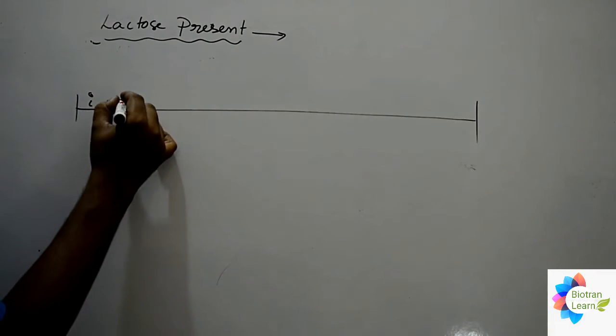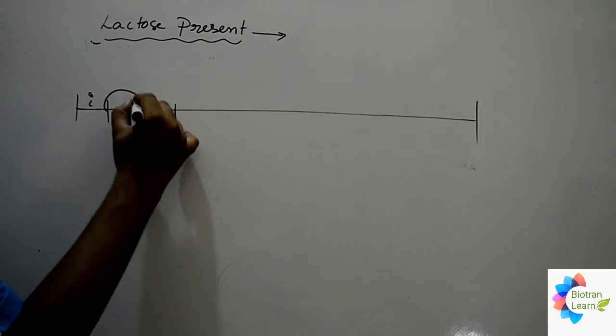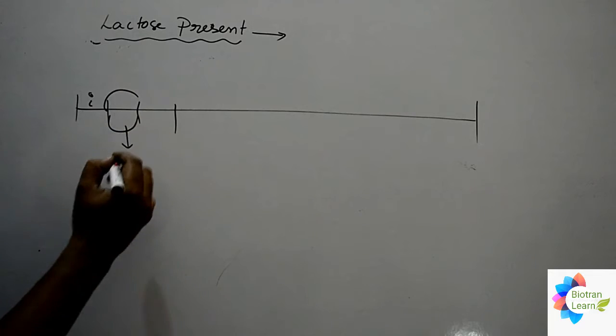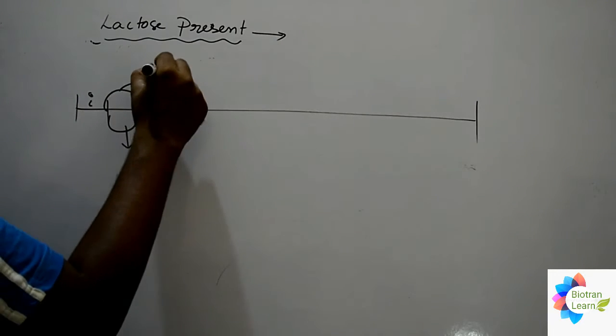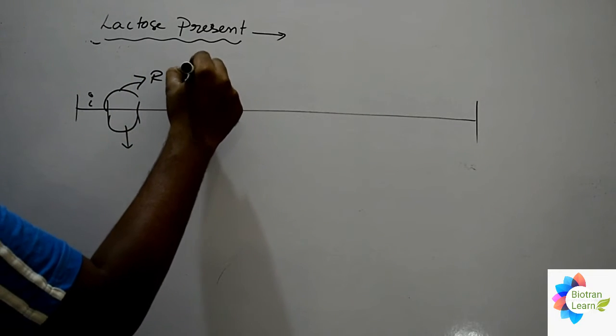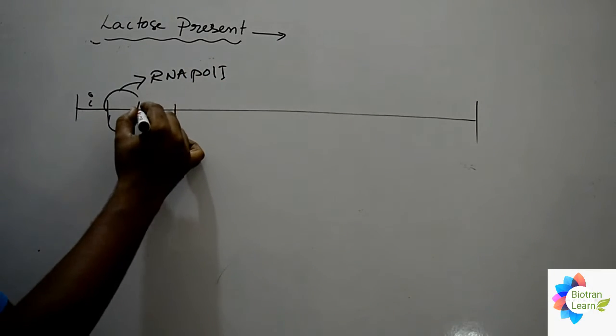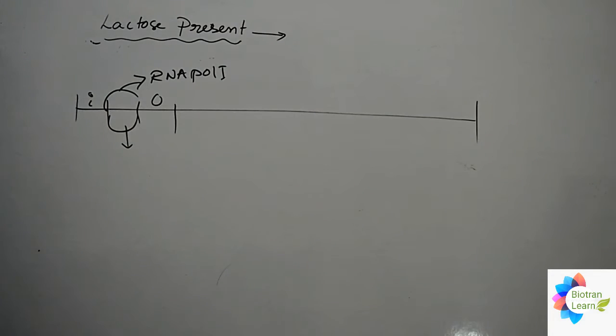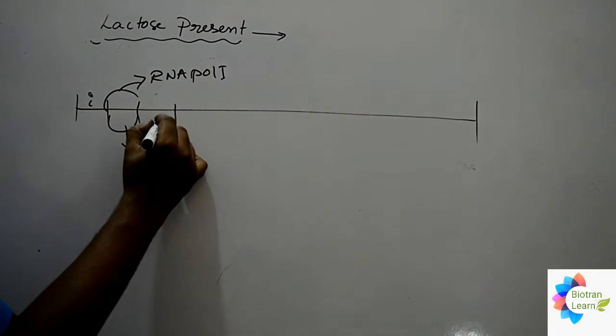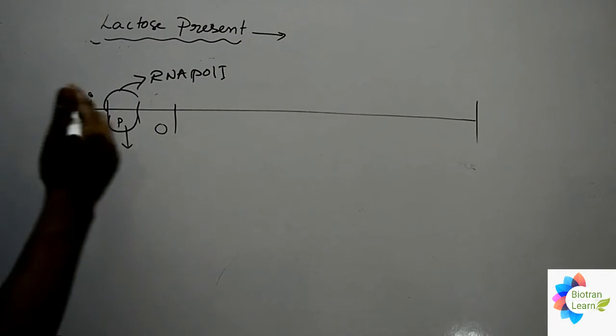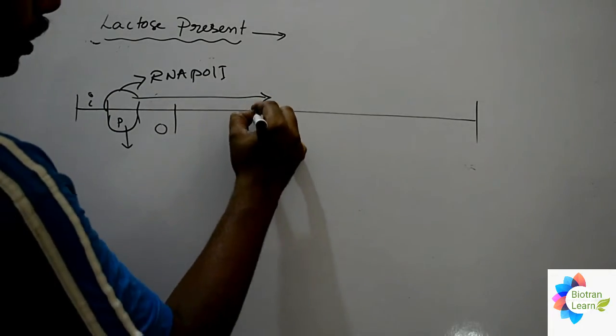Now what happens in this particular section? The RNA polymerase (RNA pol) has bound to this section, and then afterwards the operator sequence remains empty, right? The operator sequence remains empty and the transcription has started.